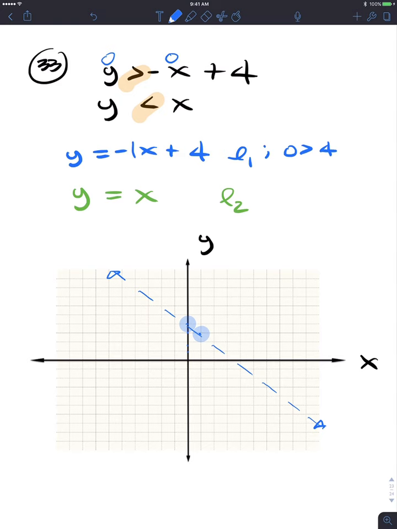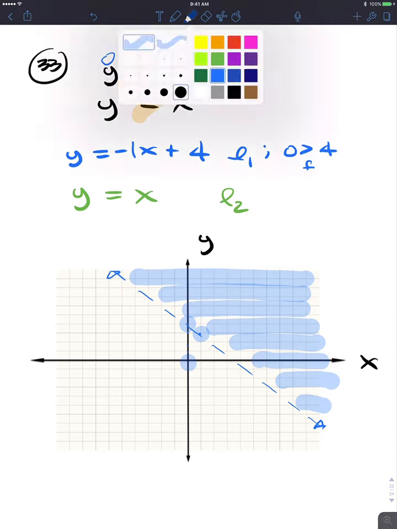So I'm going to shade the region that does not include this point. That means the other region is going to give me true statements. That's the first inequality.